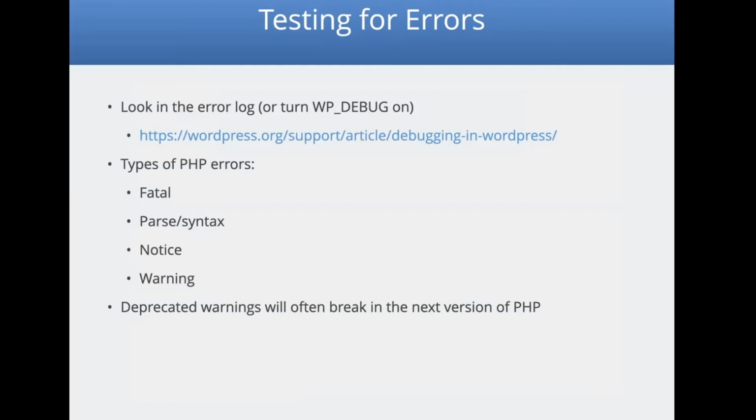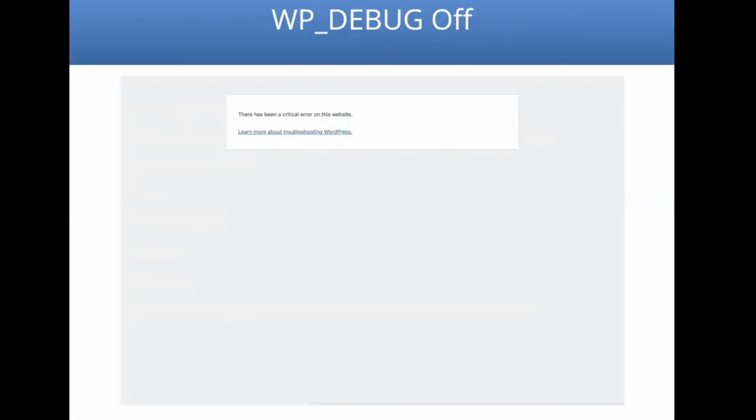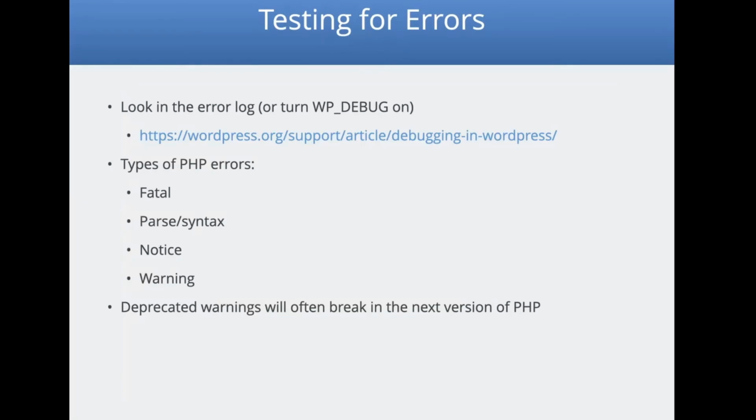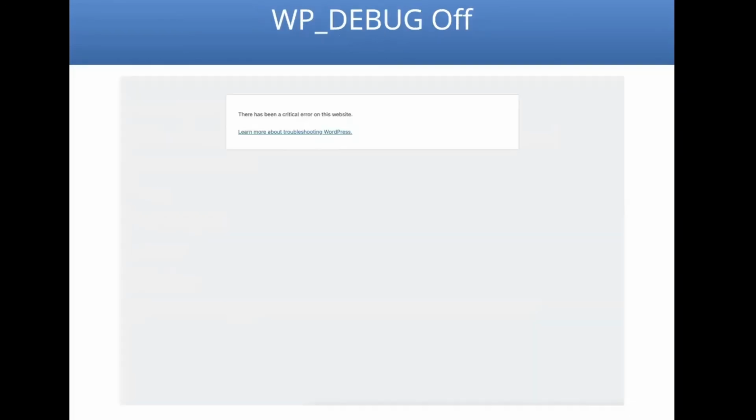Yep. So you can usually find the plugin that's the offending plugin and probably the line. But actually fixing it, there's so many different ways an error could happen. Right.